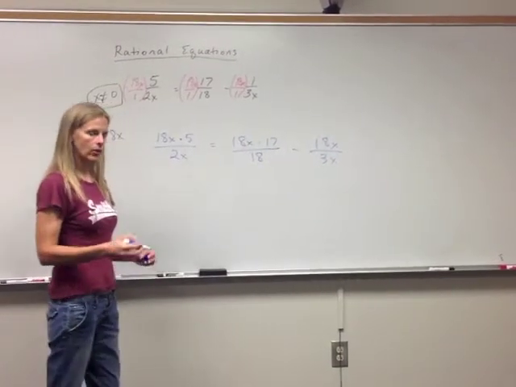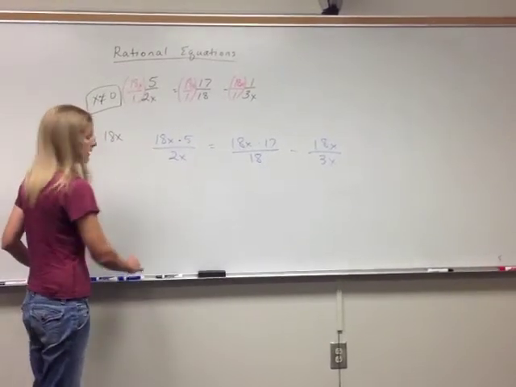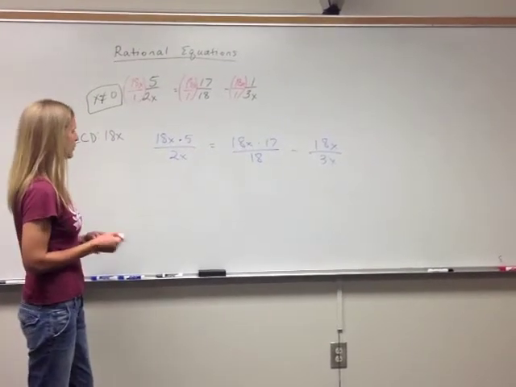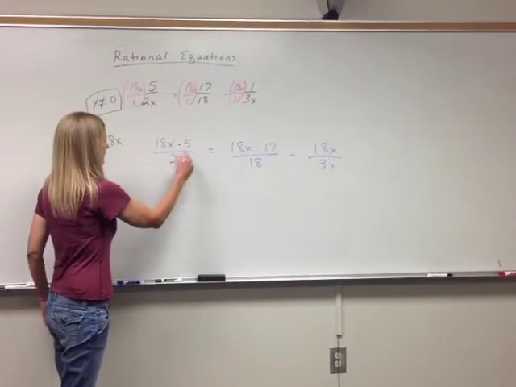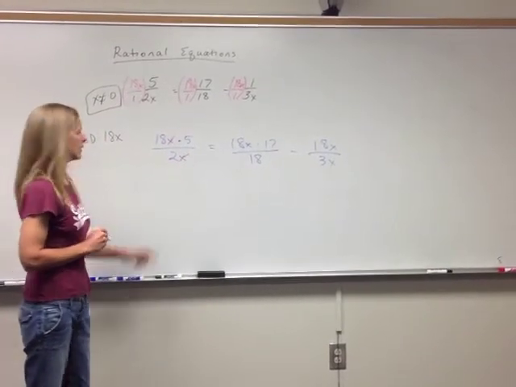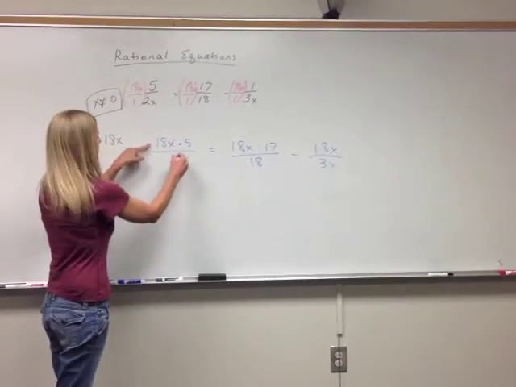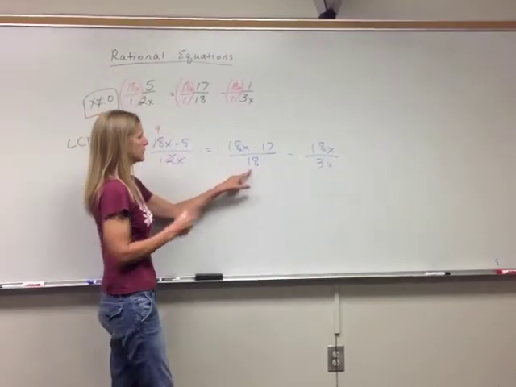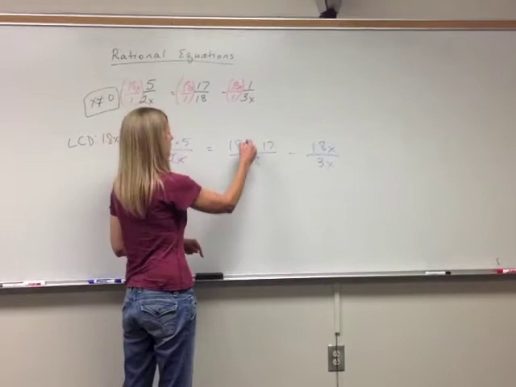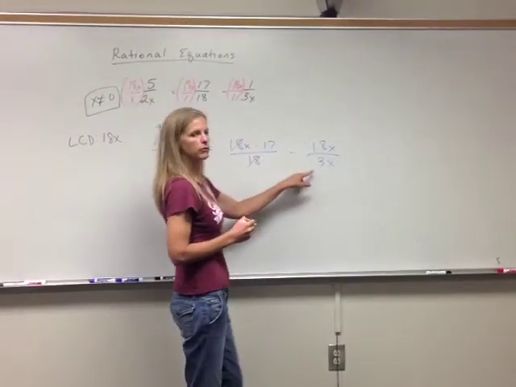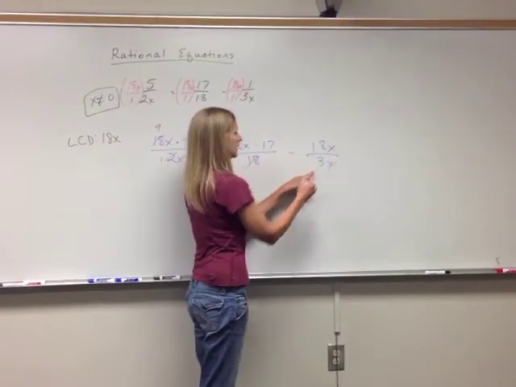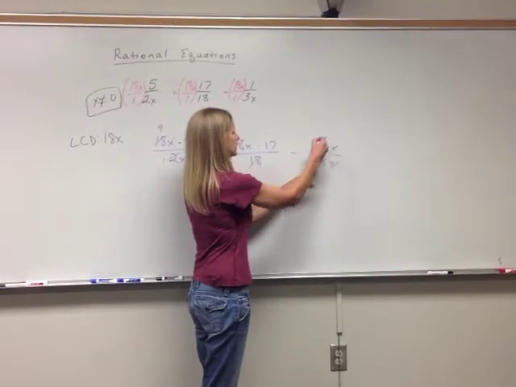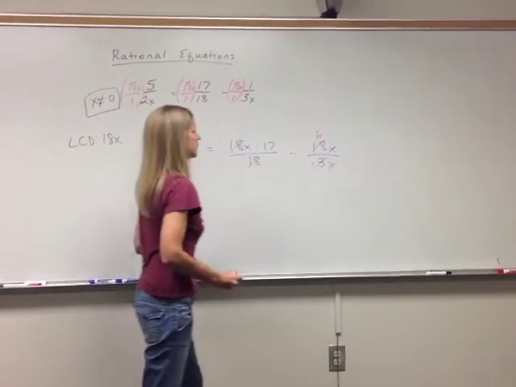So let's see how everything cancels, and I can assure you we will in fact end up with no fractions. Well, the x's cancel. Does 2 go into 18? Absolutely. Goes in there 9 times. How about this one? Do the 18s cancel? Of course they do. And over here, the x's again cancel, and the 3 goes into 18 6 times.